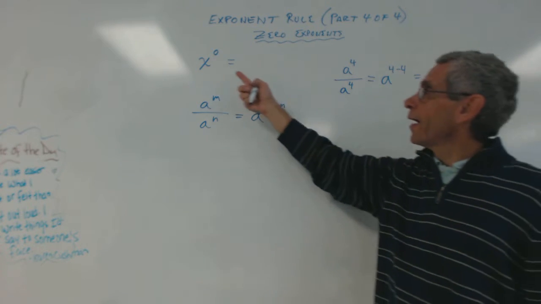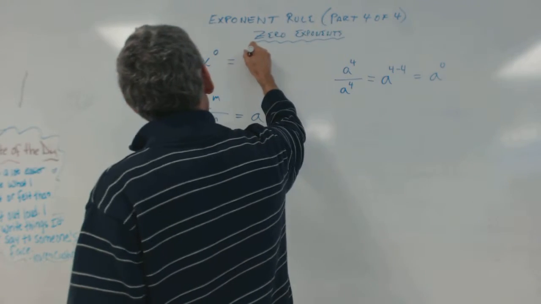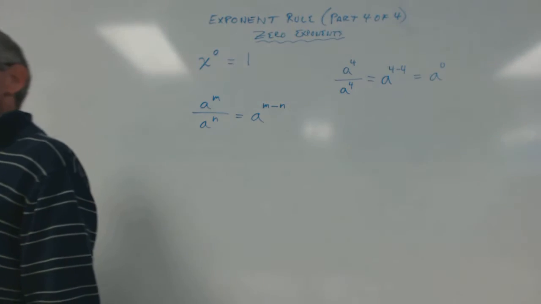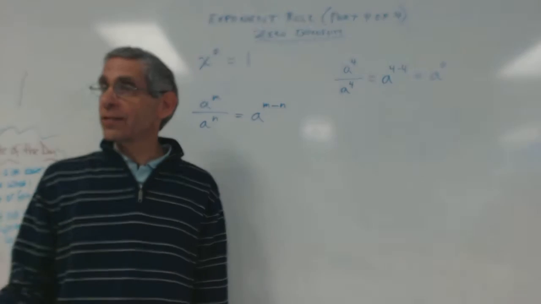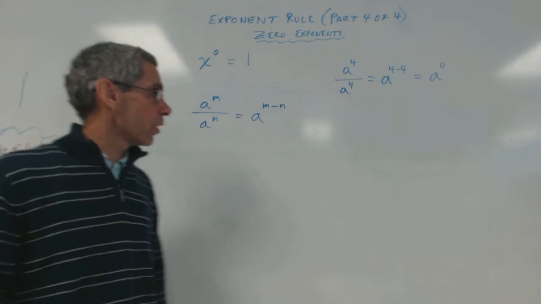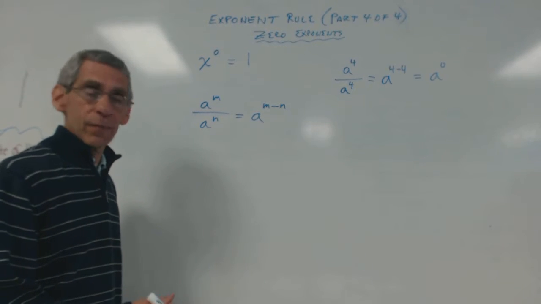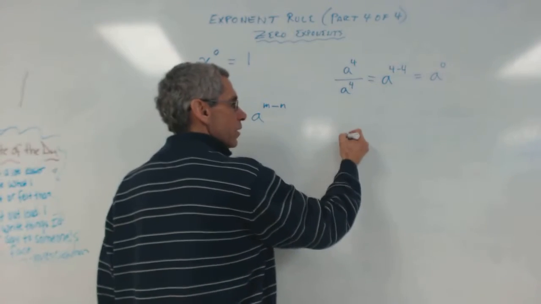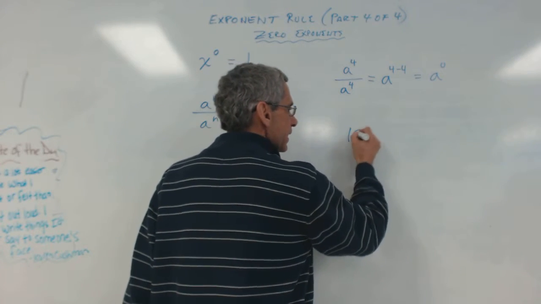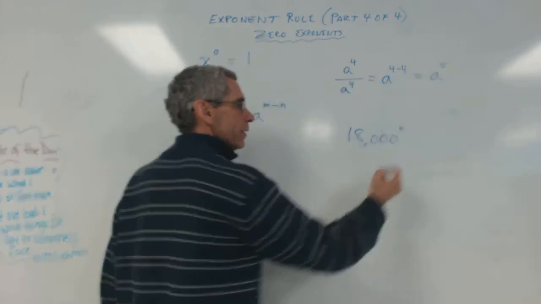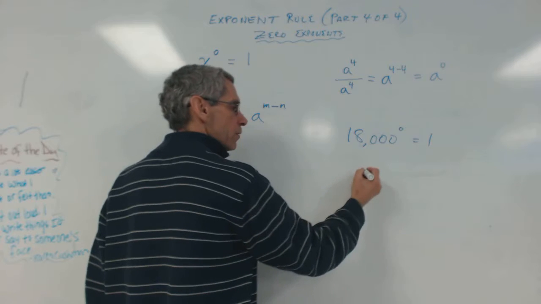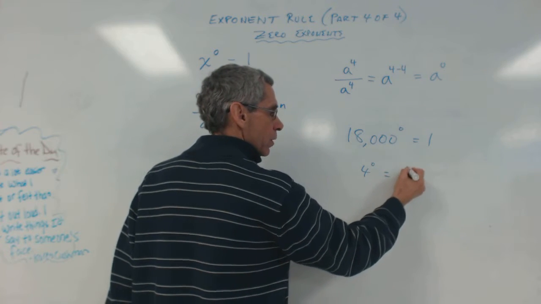So x to the 0 equals 1. Whoa. Isn't that weird? But it's awesome because you're going to love it on the homework. What if I gave you this? What is 18,000 to the 0 power? 1. What is 4 to the 0 power? 1.